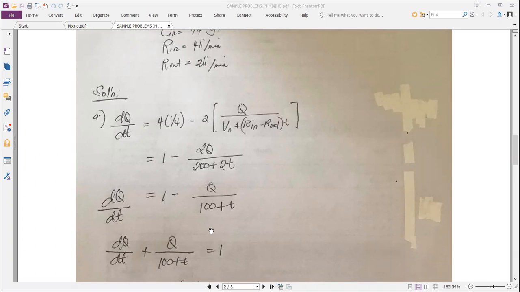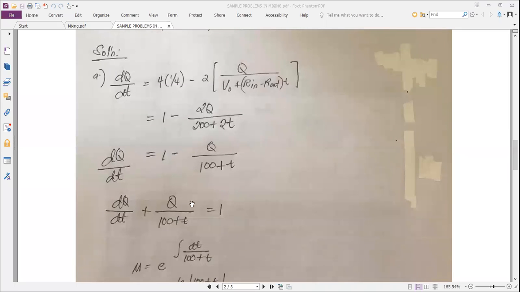Now, if this is your DE class, this one cannot be solved using separation of variables. This can only be solved using linear differential equations. So you need to transfer this expression to the left side, and 1 is left on the right side.